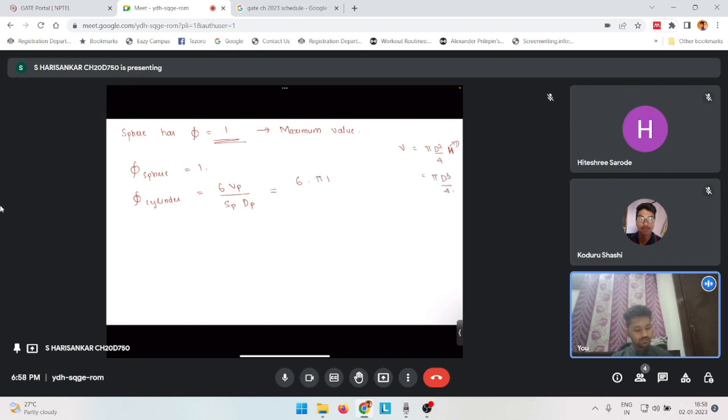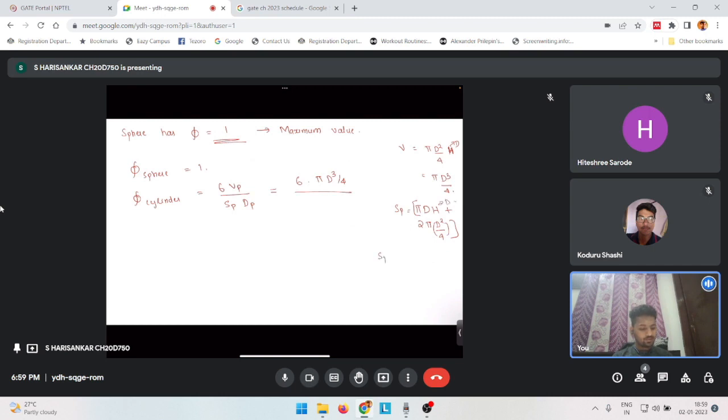So this will be pi d cube by 4 by Sp, that is the surface area of the cylinder, that will be pi d into h plus 2 pi d square by 4. So this will be the total surface area of the cylinder, and here also the height h will be equal to d.